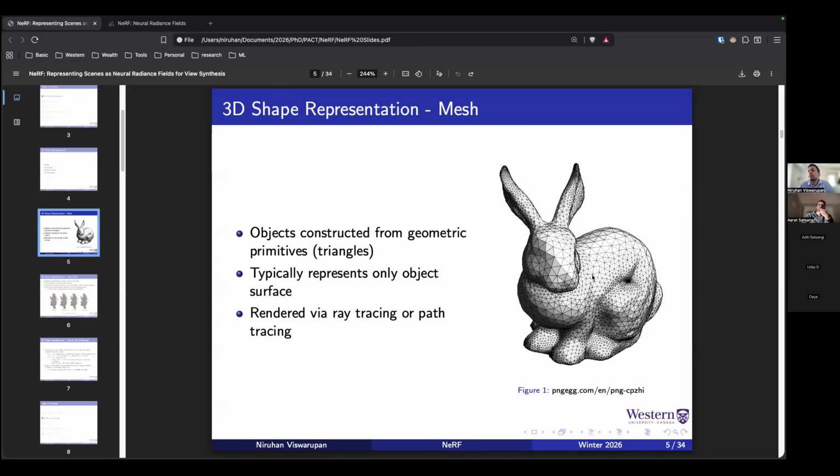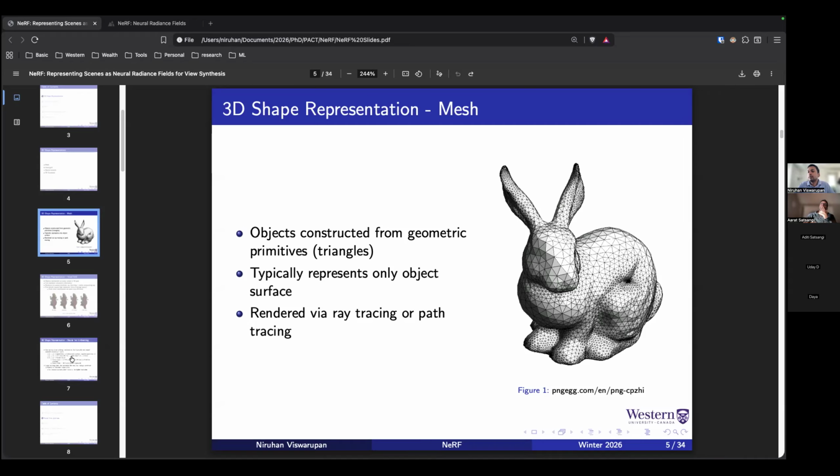But since we only represent the surface, my idea is that it will be a quadratic increase in the number of parameters or storage required. Whereas in a voxel grid, you represent the entire volumetric space. So if you try to increase the resolution, it'll be a cubic increase. But in meshes, it will be a quadratic increase. That's my thought off the top of my head.